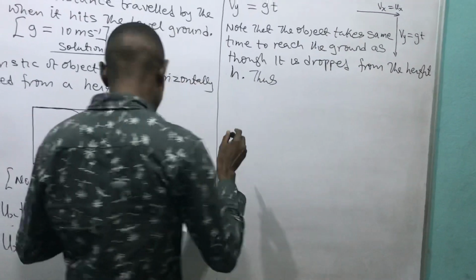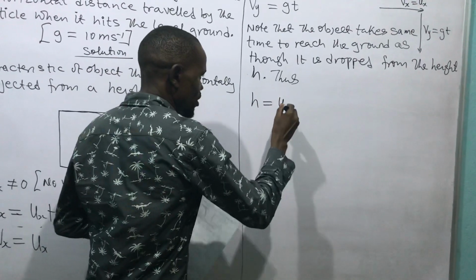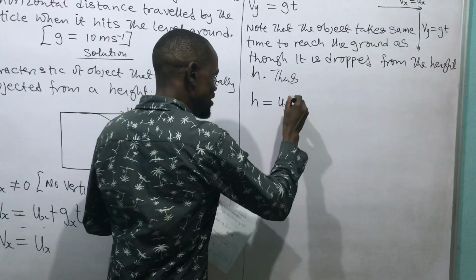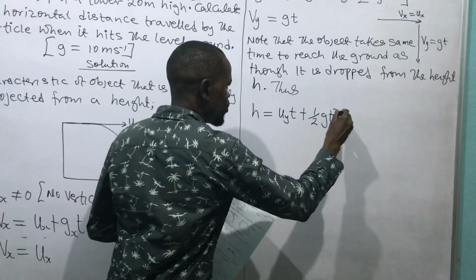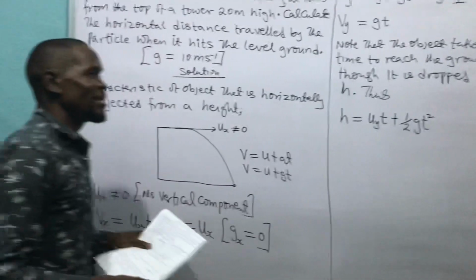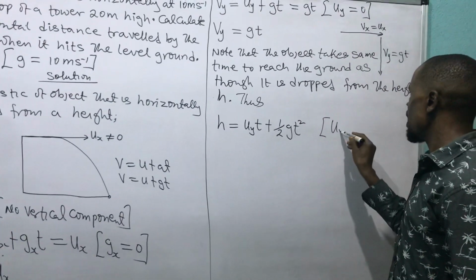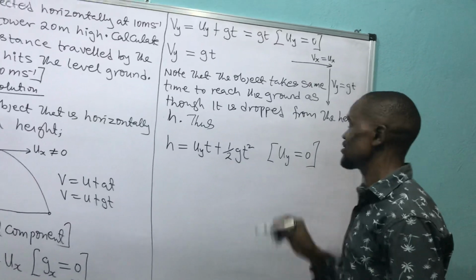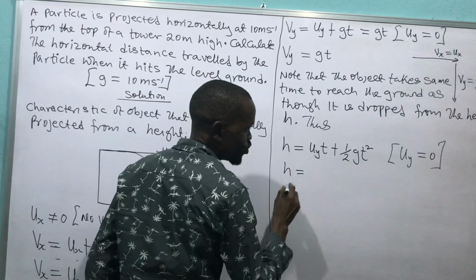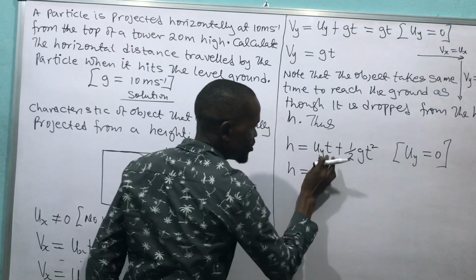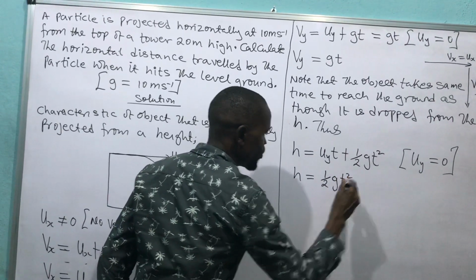So now, if that is the case, using the formula, we can say that h equals uy t plus 1/2 gt squared. Remember what we said, that uy is equal to 0. That's the characteristic of this. With uy equal to 0, h will be equal to 1/2 gt squared.